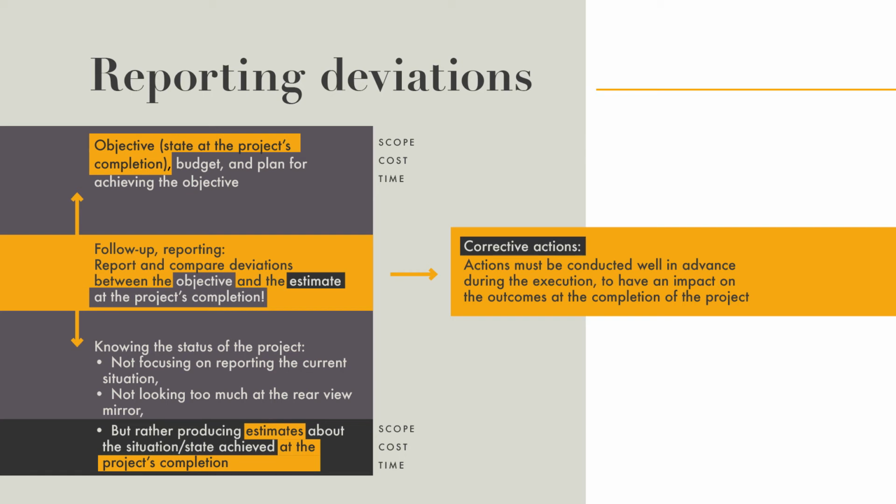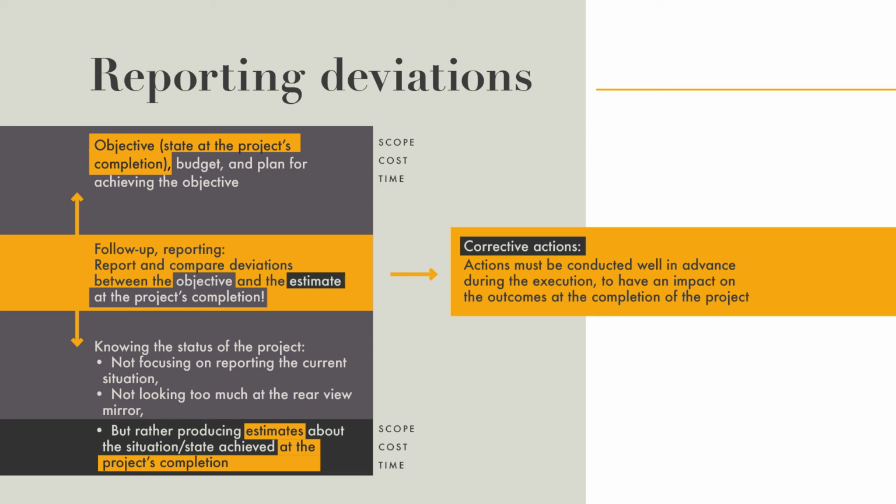And we compare the objective or plan with this current estimate, and we recognize deviations. It is important that in a project we always have deviation reports. And when we recognize these deviations, we can take corrective actions. And it's important that we take corrective actions beforehand in order to have an impact on future outcomes.